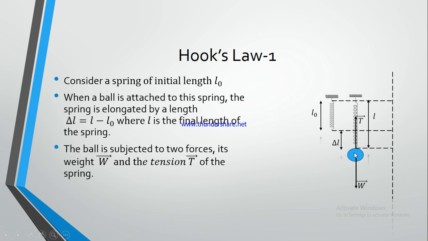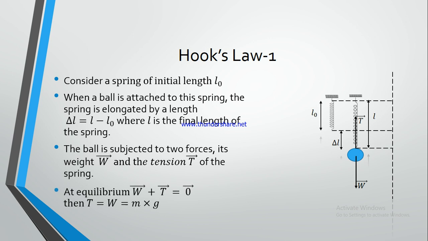The forces acting on the ball are its weight, because if we cut the spring, the ball will move downward, and since the ball did not move, the spring is attracting the ball upward.